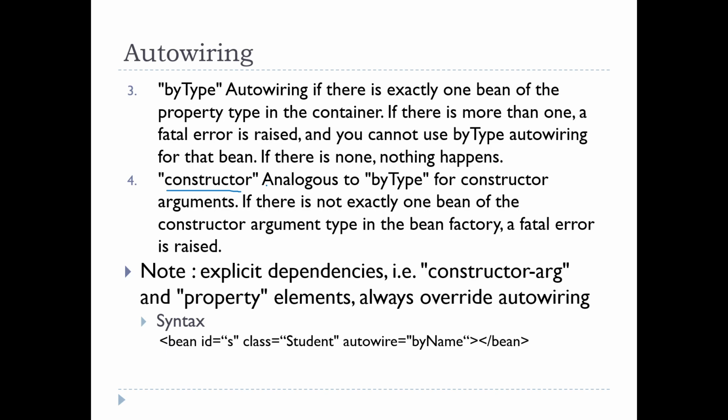But if there is more than one bean, so if there are two or three beans, then there will be ambiguity, and an error will be raised that there are multiple beans matching the same type. Then the fourth mode is constructor, which is analogous to byType, but used with constructor args, that is, when we are using constructor injection.